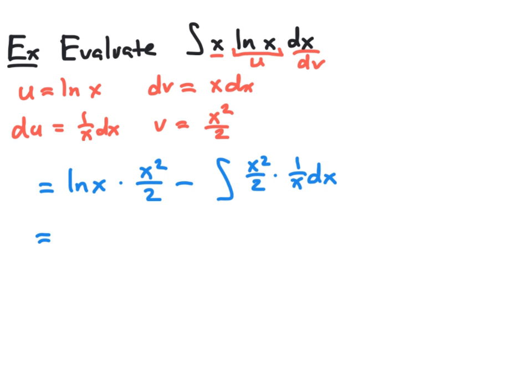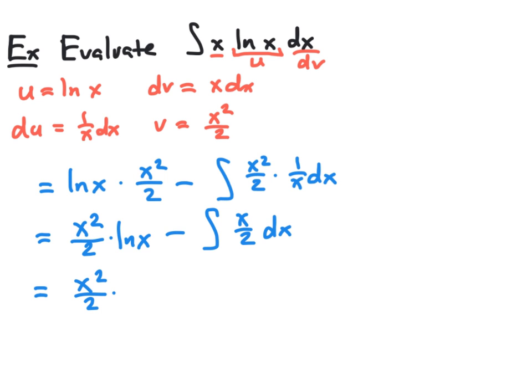Our first term, we can reorder as x squared over 2 times the natural log of x, just to make it a little bit cleaner. And we want to subtract from that the integral of x over 2 when we cancel the 1 over x with one of the x's from the x squared. This is now a relatively easy integral to compute.